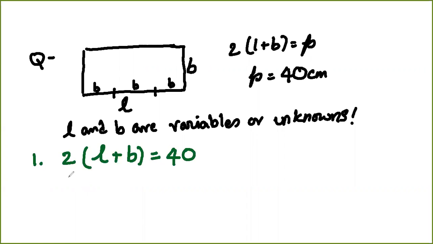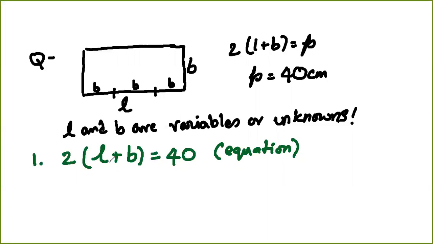So let us look at the information. This is what we call an equation in mathematics, and it is an algebraic equation because there are unknowns that are part of it. How do we solve this? We can turn all the variables into one variable.